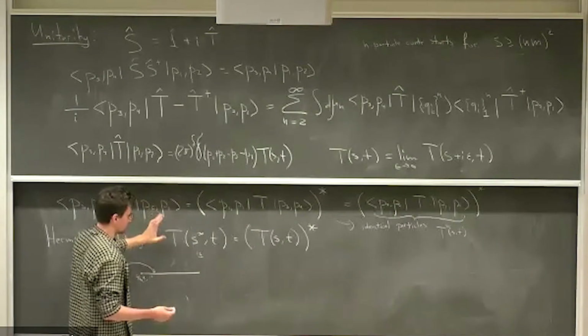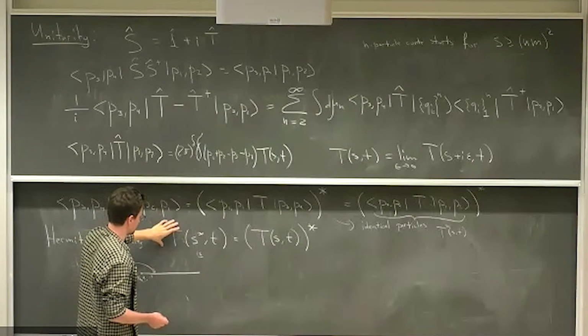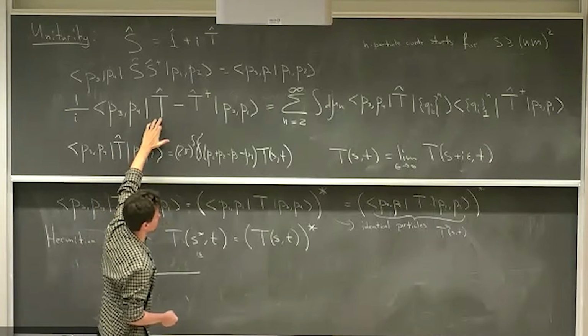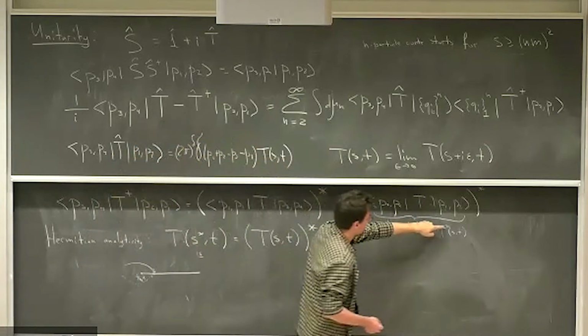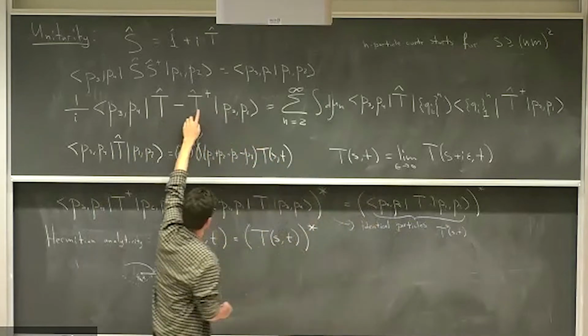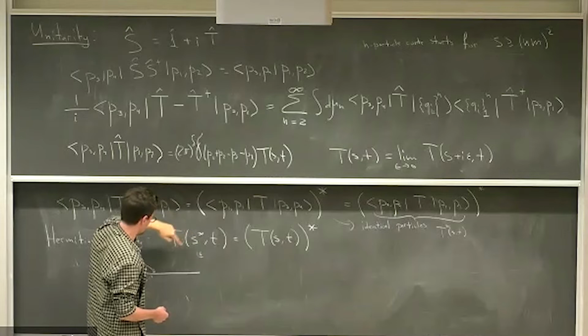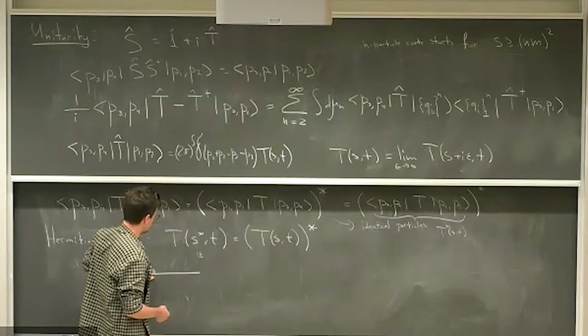What I was trying to achieve here is that on the left-hand side we start with t minus t dagger, and now I said that t dagger is the same amplitude but going below the cut.